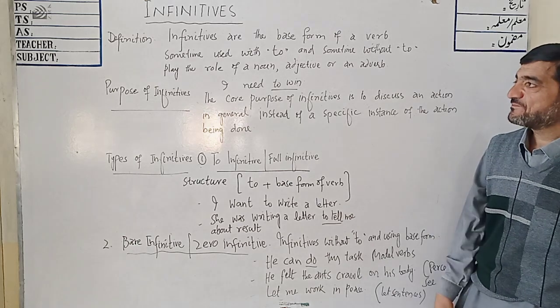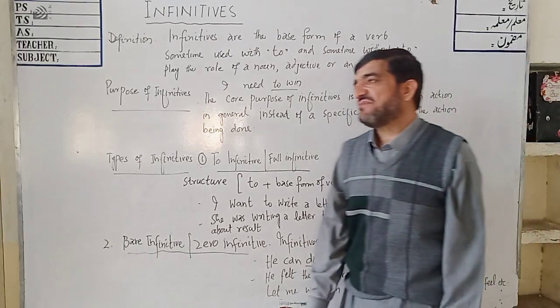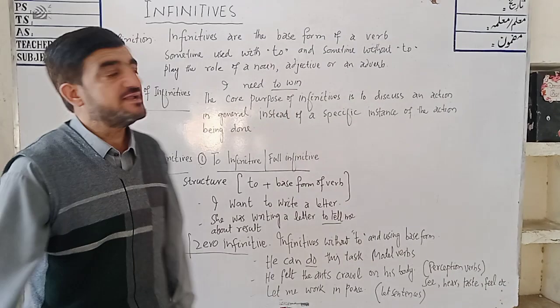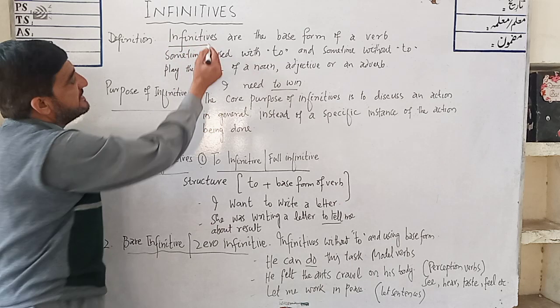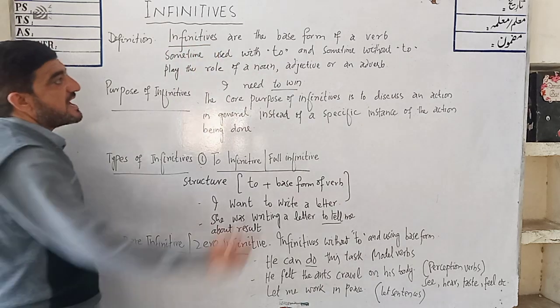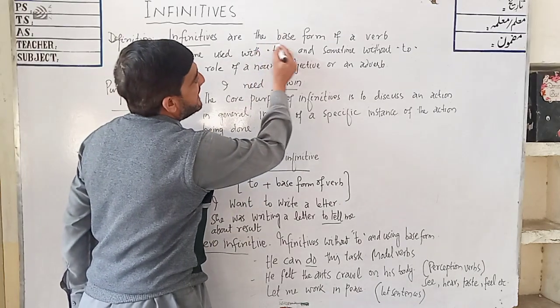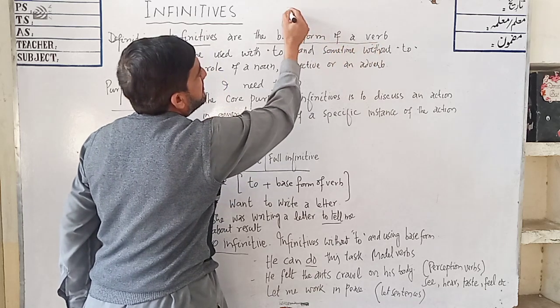So let's see what is the definition of the word infinitives. According to the definition, infinitives are the base form of a verb.